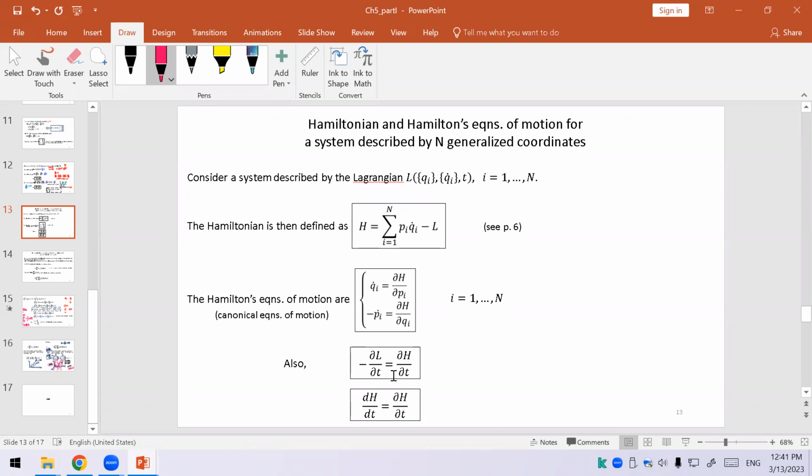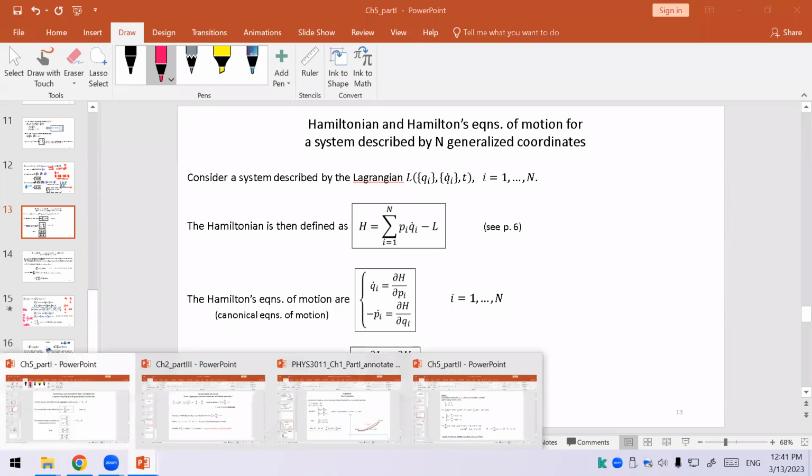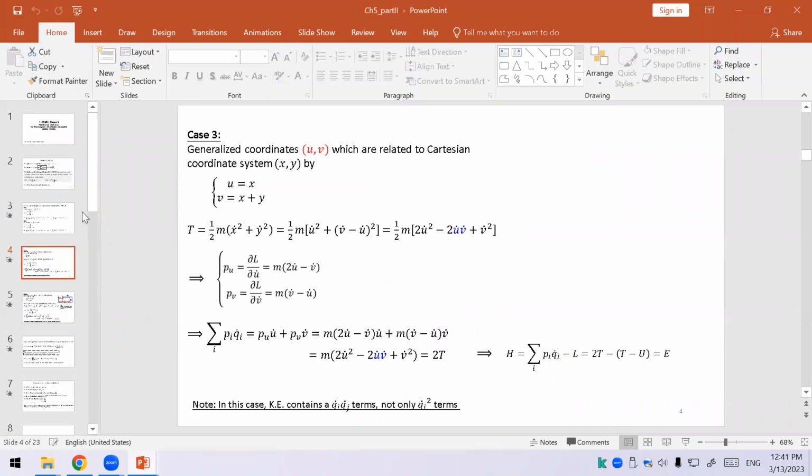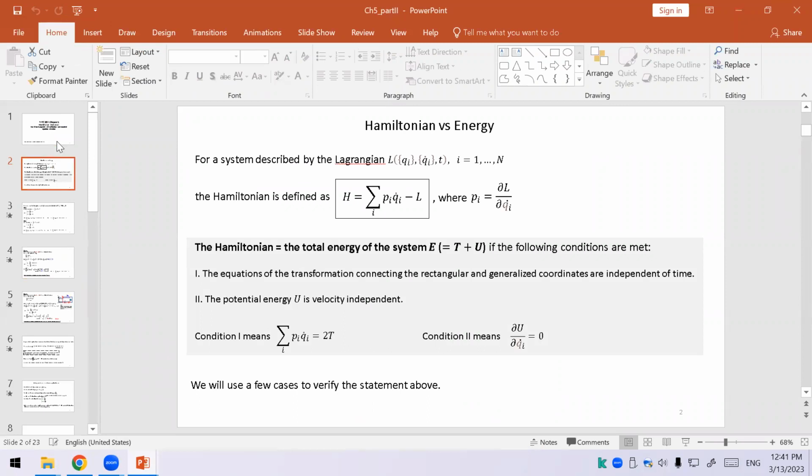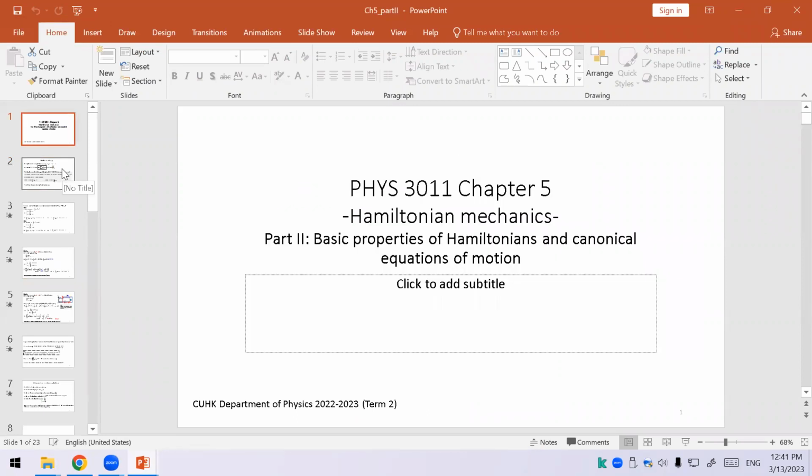Next I'm going to move on to part B. Right now we don't really have much sense or feeling about this Hamiltonian function.